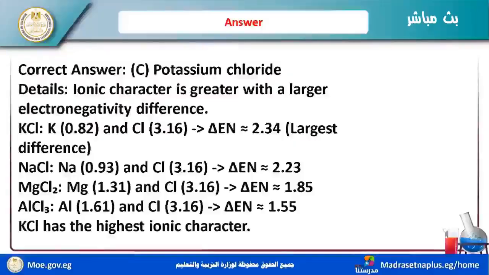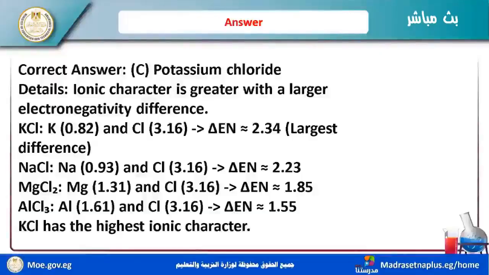Because the difference between the two ions is large. Ionic character is greater with a large electronegativity difference. For KCl, K is 0.82 and Cl is 3.16, so the difference is 2.34. For NaCl, Na is 0.93 and Cl is 3.16, so the difference is 2.23.